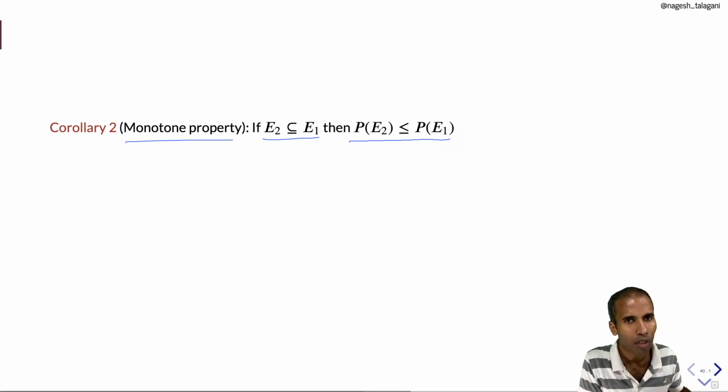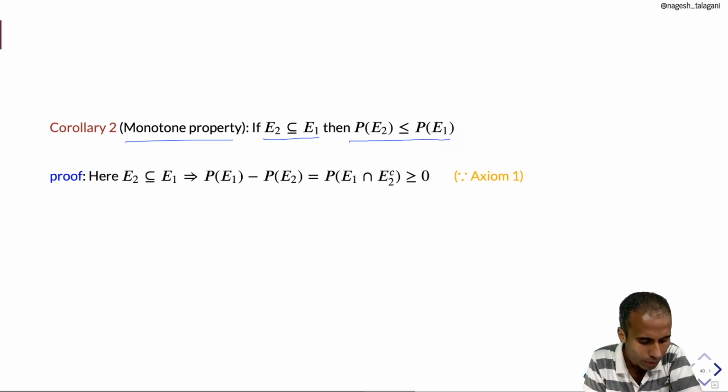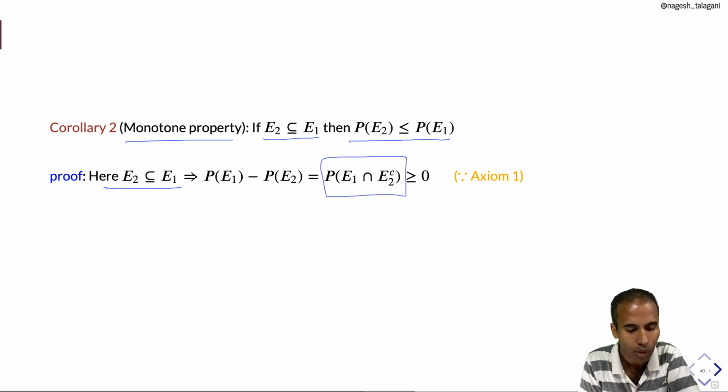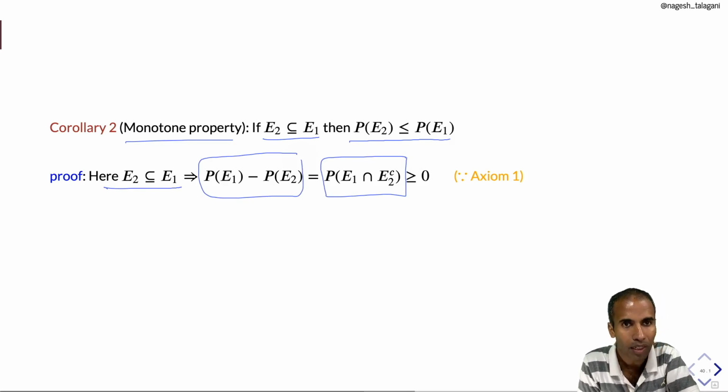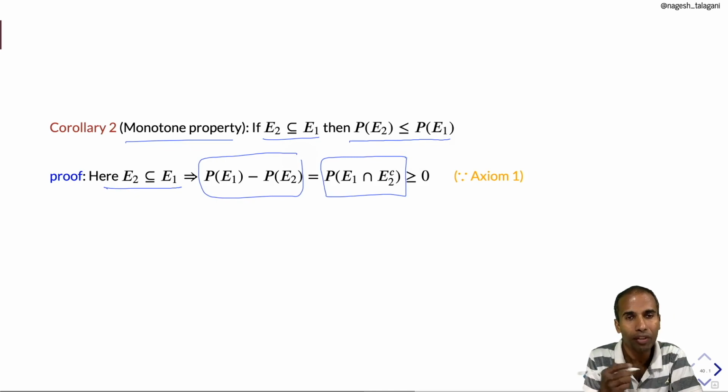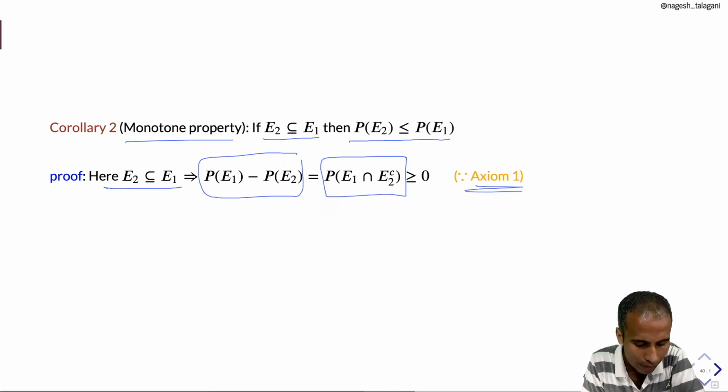It actually follows from corollary 1. From corollary 1, whenever we have E2 subset of E1, we know that the probability of E1 intersection E2 complement equal to probability of E1 minus probability of E2. But the probability of any event is always non-negative by axiom 1. So we have this is non-negative.